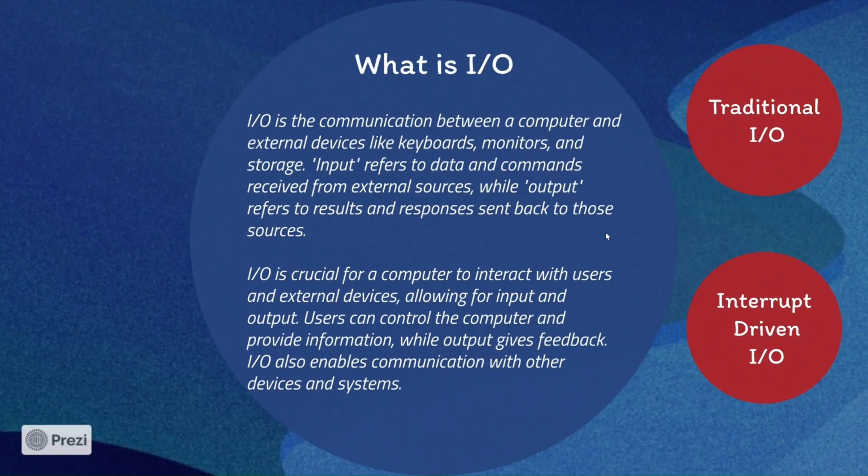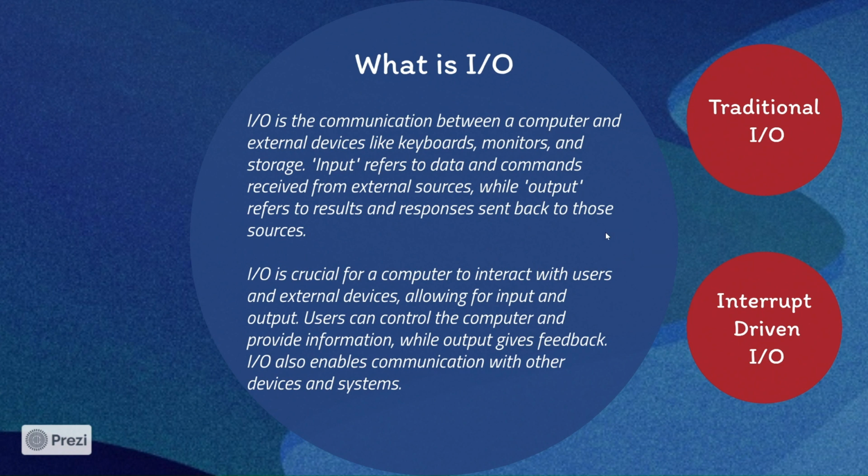So, what's I/O? I/O is a communication between a computer and external devices like keyboard, monitor, and storage. Input refers to data and commands received from external sources, while output refers to the results and responses sent back to those sources.